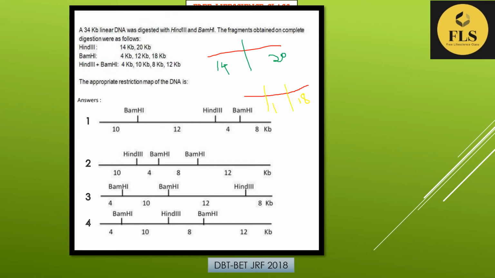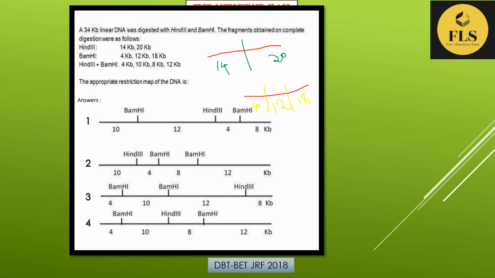So what will be the result if you use both the restriction enzymes? Please look clearly at the sizes of the fragments obtained. Here 14 kb and 20 kb, here 4 kb, 12 kb and 18 kb. Here you can see the first fragment is 10 kb.